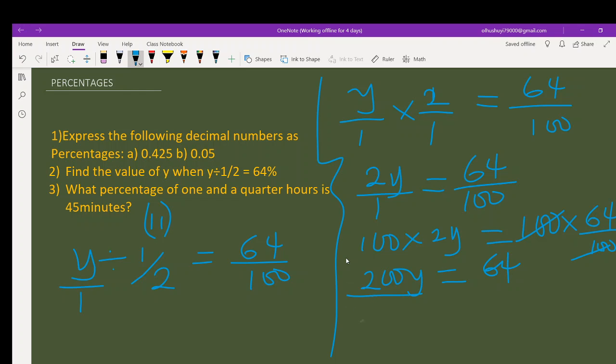Dividing both sides by 200 because you are looking for y, and 200 is the coefficient of y. This cancels this. So y is equal to 64 upon 200. You break this down. 4 into 64 is 16, and 4 into 200 is 50.